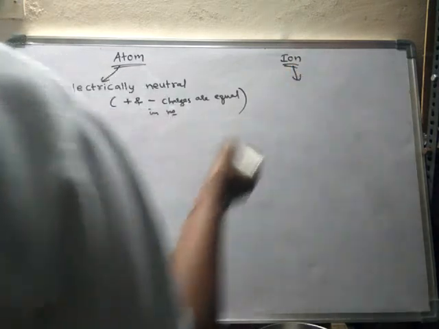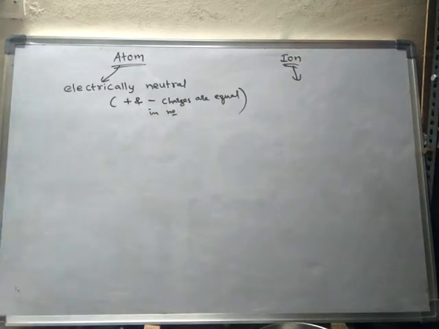What is an ion then? How is an ion formed?